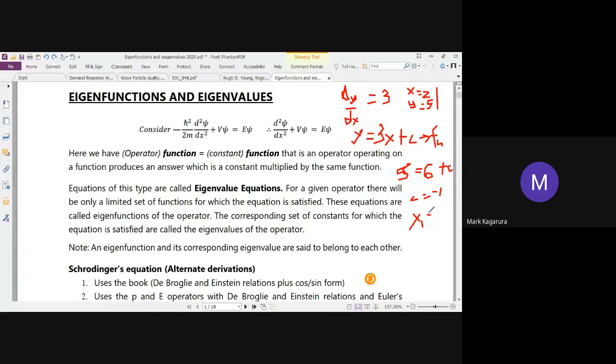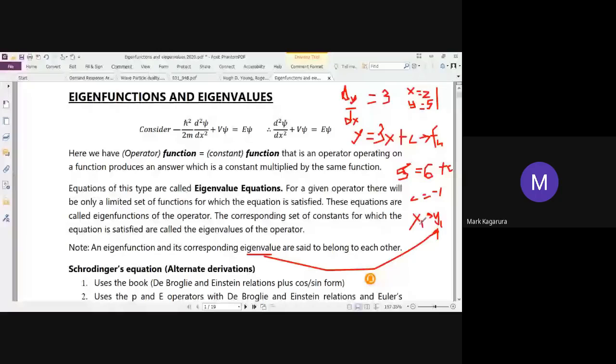So x1 will pass a value of y1, and this value of y1 is what we call the eigenvalue. So in this case, we have solved this.